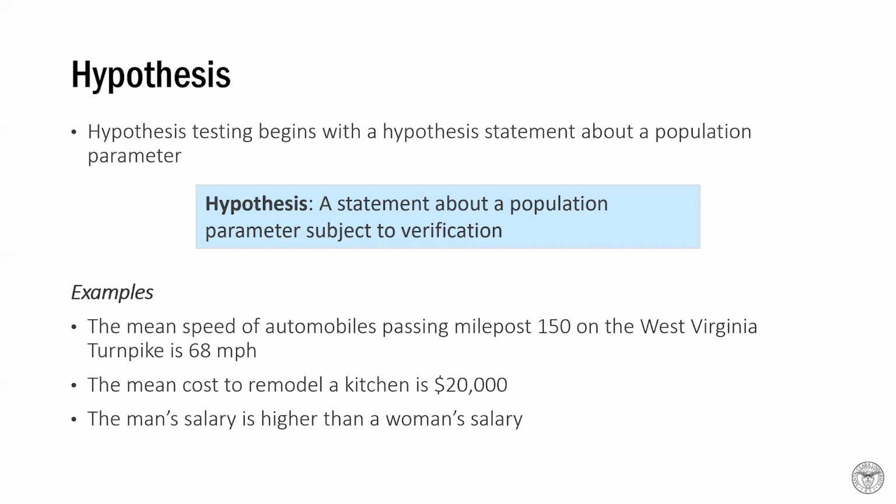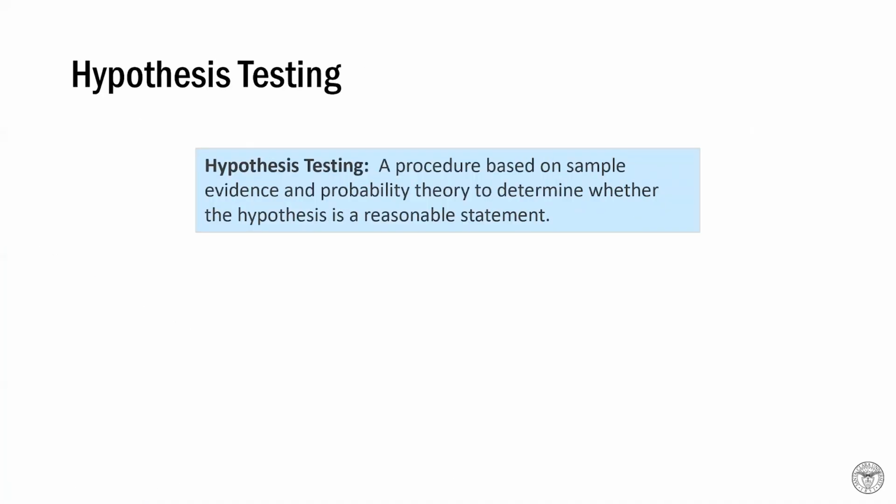The mean cost to remodel a kitchen in San Francisco is about $60,000, and so on. Hypothesis testing is a procedure in statistics whereby an analyst tests a statement regarding a population parameter.